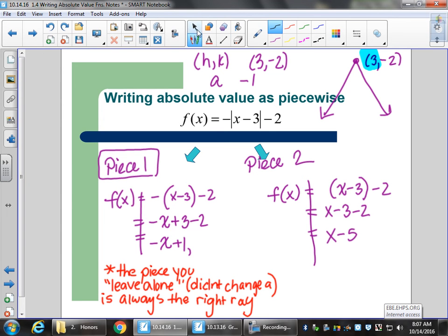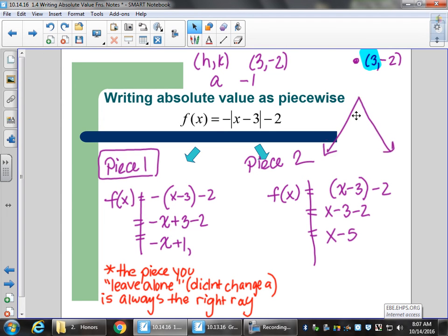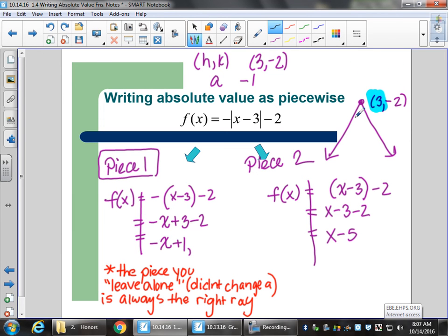Let me see if I can move this because I want it to be correct. So 3, -2 would be in quadrant 4, right?